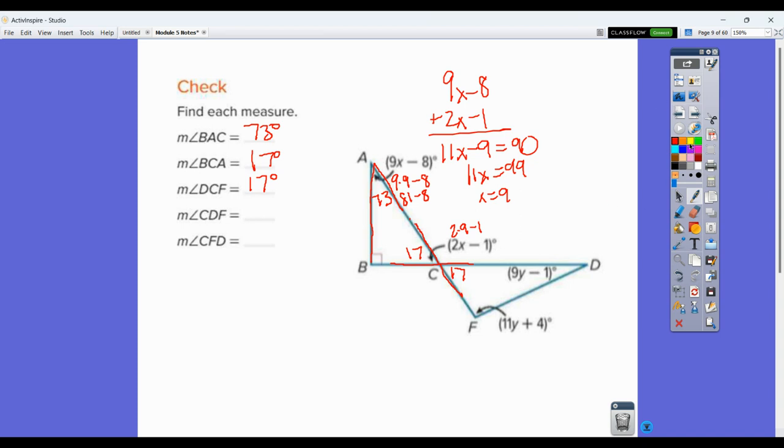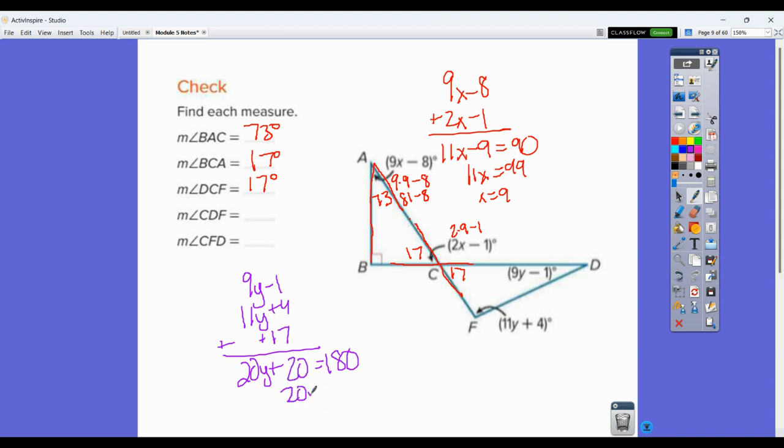CDF, okay, so we have to come over here and solve for y. On this side, I don't have that 90, but I do know that all three of those angles add up to 180. So I can do 9y minus 1, 11y plus 4, and 17, all put together, equal to 180. So I'm going to get 20y plus, let's see, 17 plus 4 is 21, minus 1 is 20.